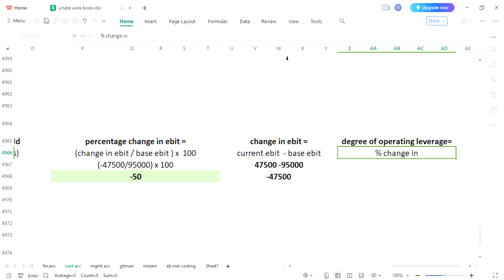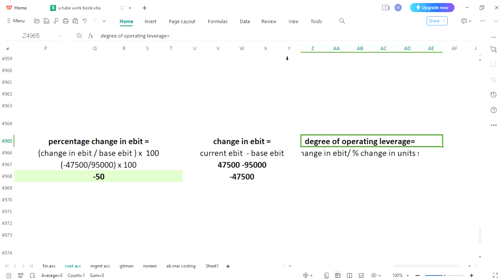So formula would be written in this way: percentage change in EBIT divided by percentage change in units. Okay, complete formula, units sold. Space is needed. Let's grab some more space for it.